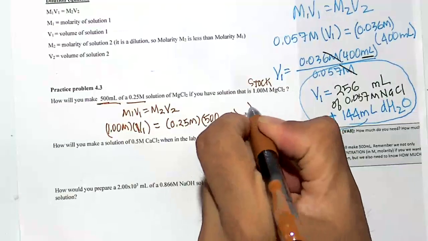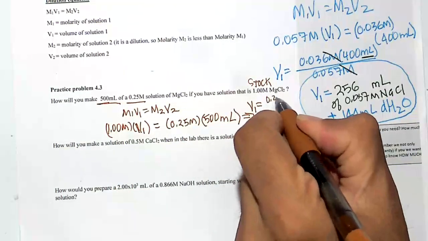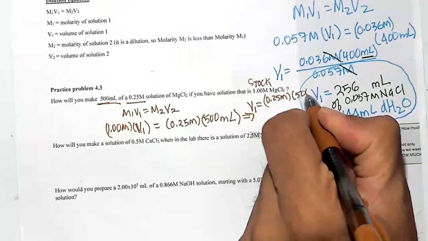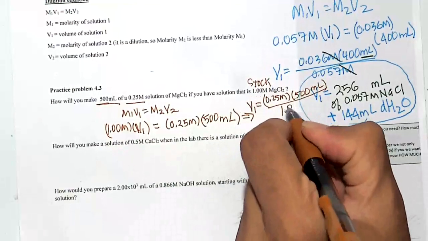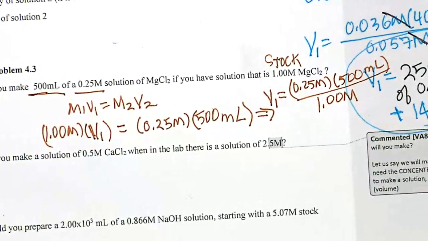All right, so V1 is going to equal 0.25 times 500 divided by 1 molar.